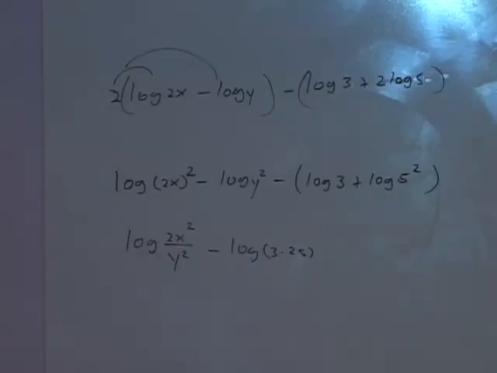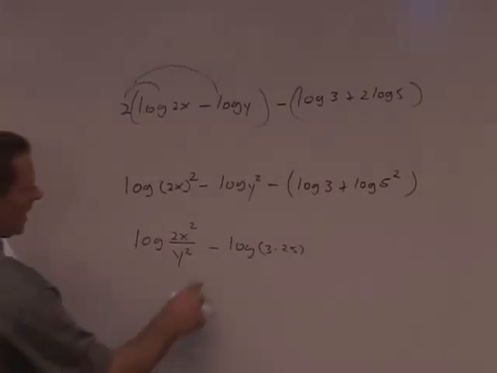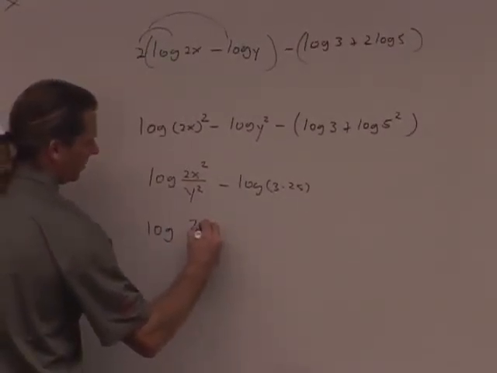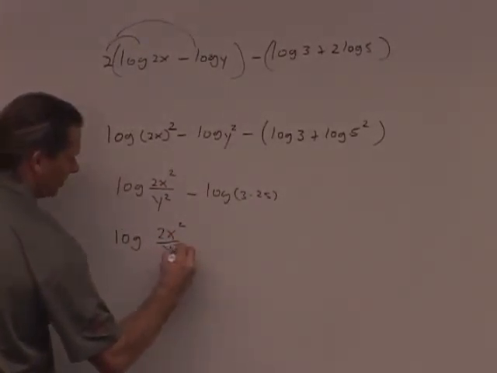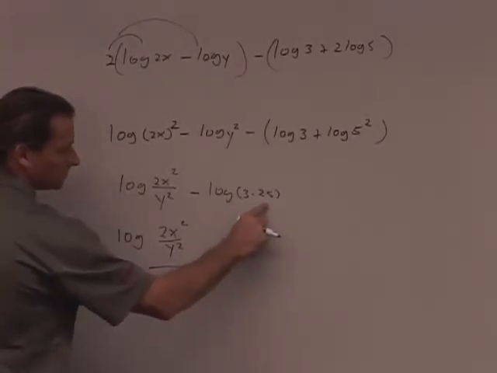So you don't distribute the negative? Not yet. Can you just put the exponent in front of the log? Well, we're trying to do the opposite of expand. We're now condensing. If we were expanding it, you would put the 2 out front. I'm not done yet because I still have a minus sign, so it's going to be log 2x squared over y squared divided by, what's this number right here? 75.